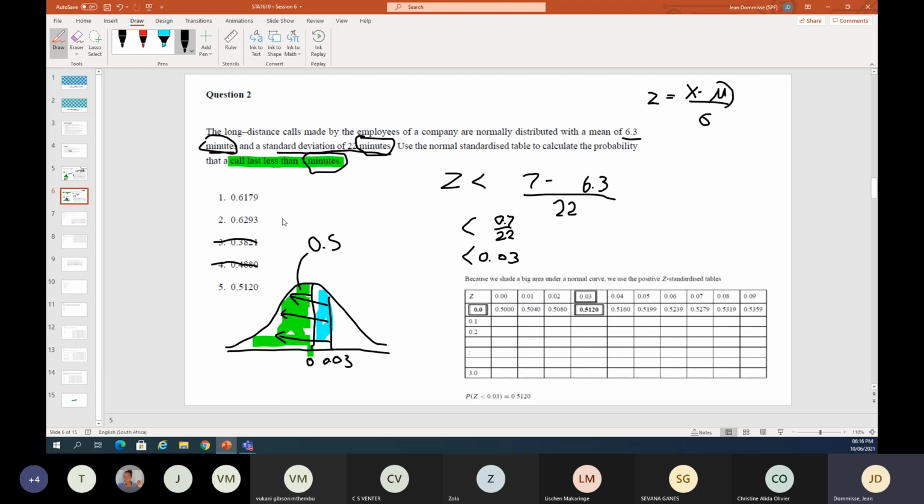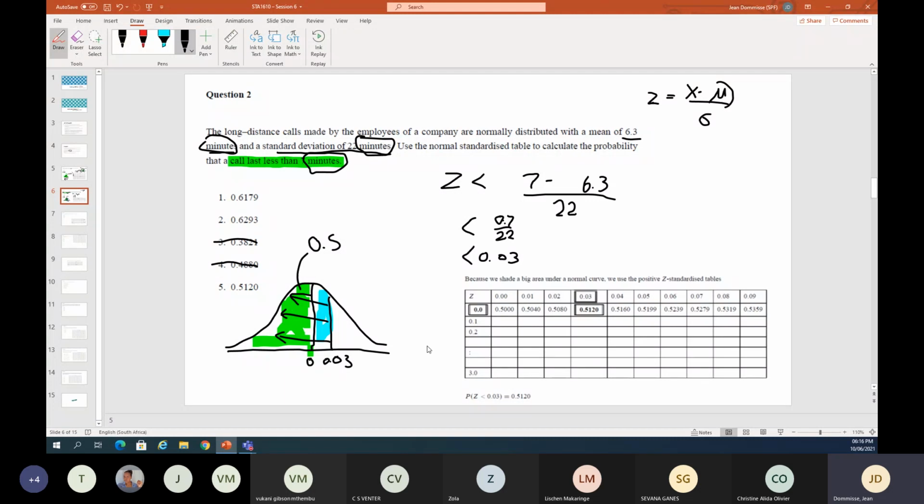So in the exam, we know that option 3 and 4 will not be valid. That is also to assist you when you look at some of the answers. So we need a number that is bigger than 0.5.